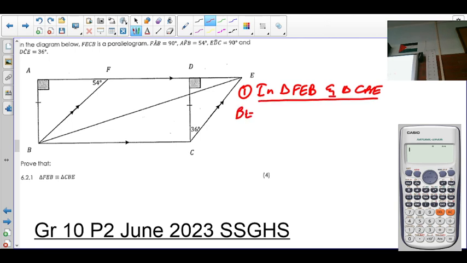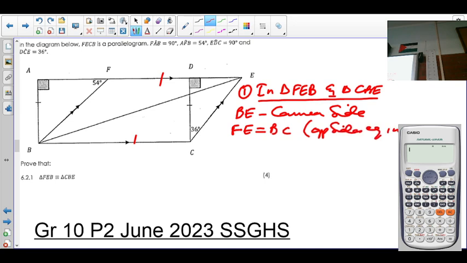BE is a common side. Then we are told that FE is equal to BC. Now I can draw it on the diagram officially. Why? Because I have stated. And the reason here is opposite sides equal in parallelogram.